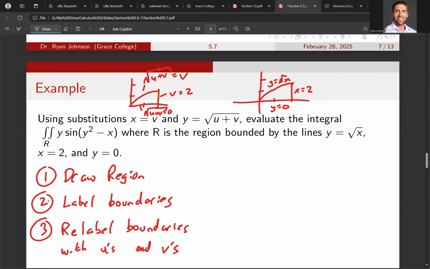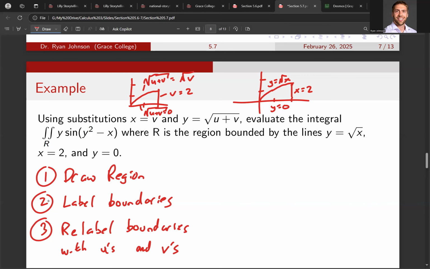I think I have something wrong. Y equals square root of x. All right.